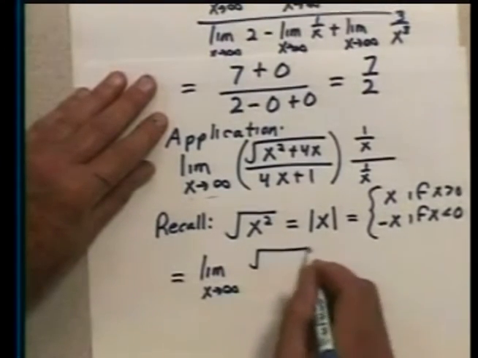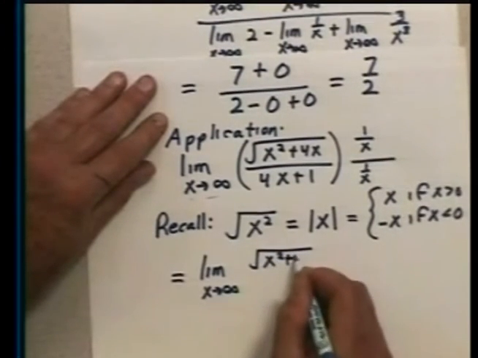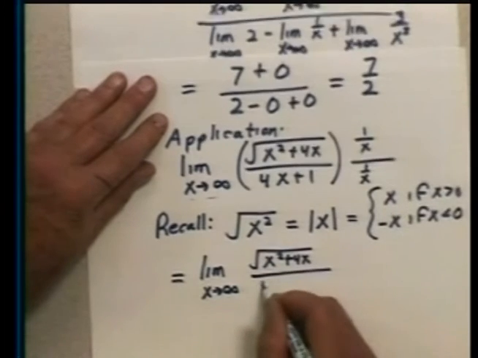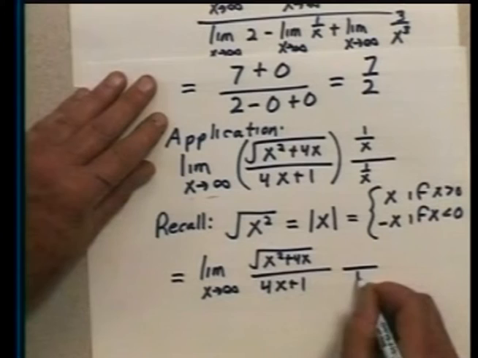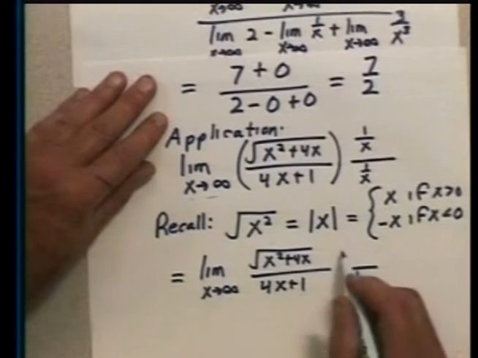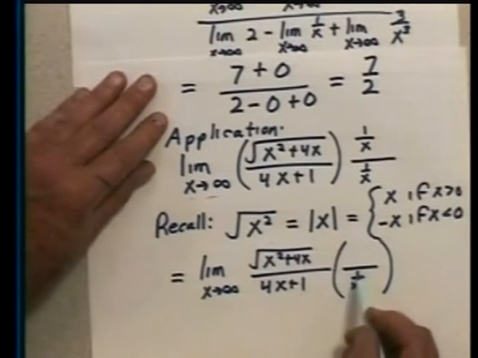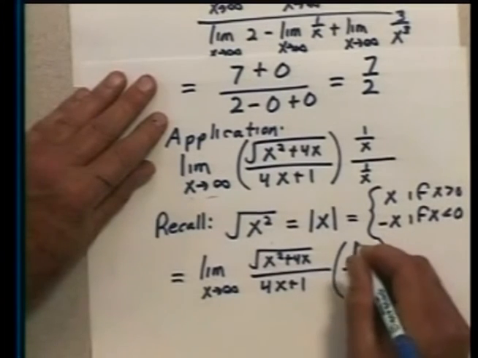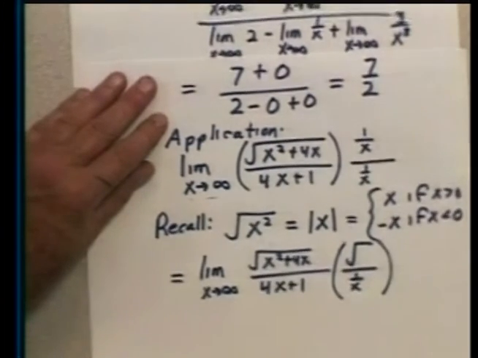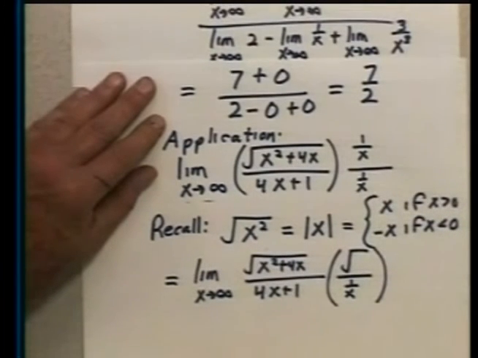So I have the square root of x squared plus 4x, and I have 4x plus 1. This is fine, 1 over x. But to multiply this on top, I got to change this to a radical. Now, what is 1 over x as a radical?